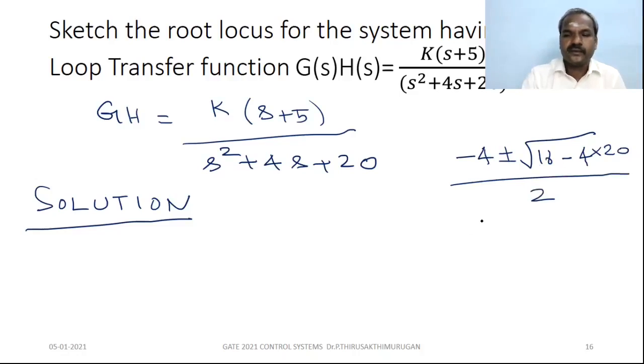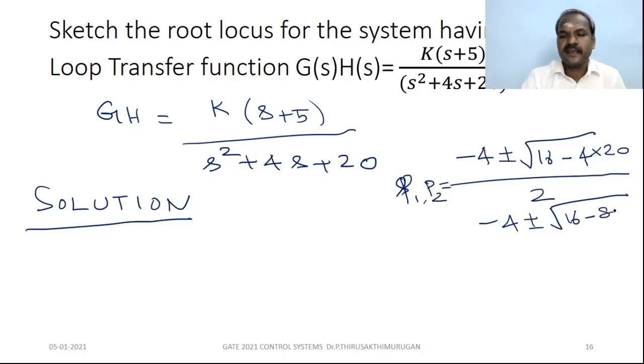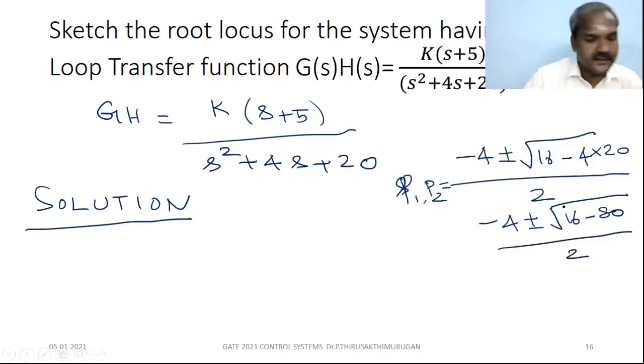So minus 4 plus or minus square root of 16 minus 80, divided by 2. What is 16 minus 80? Please tell me.